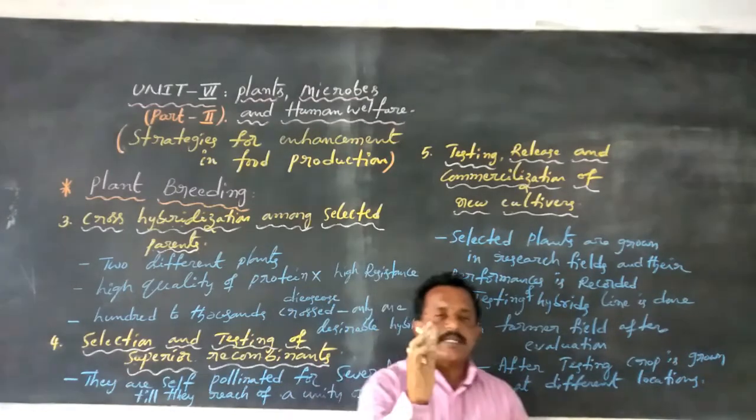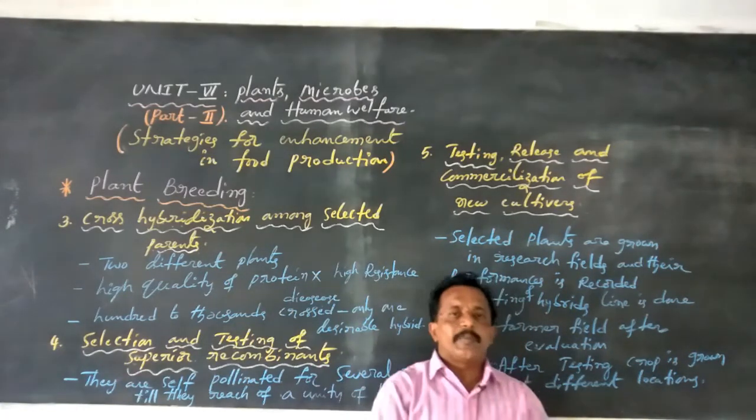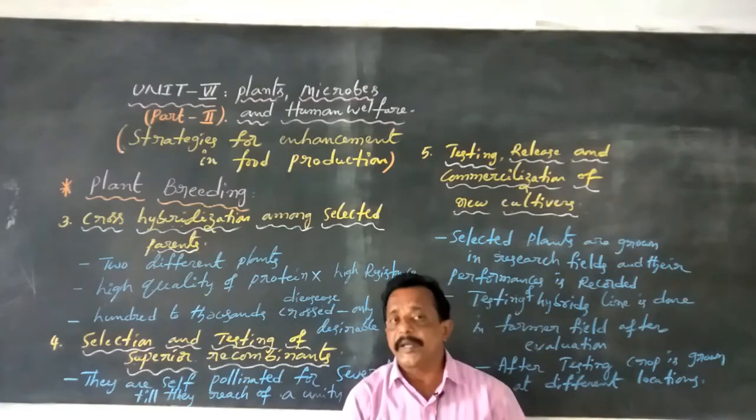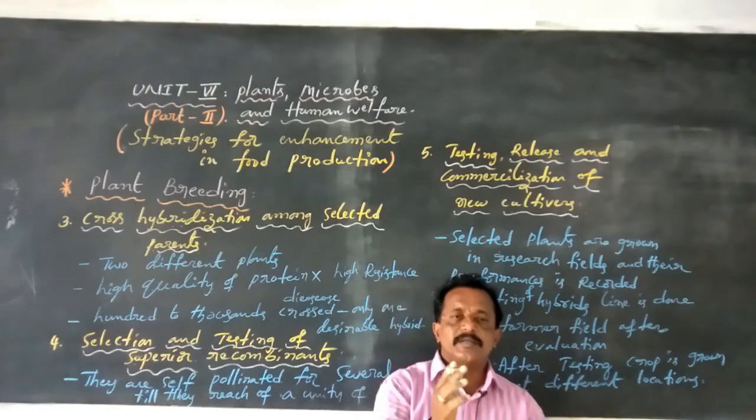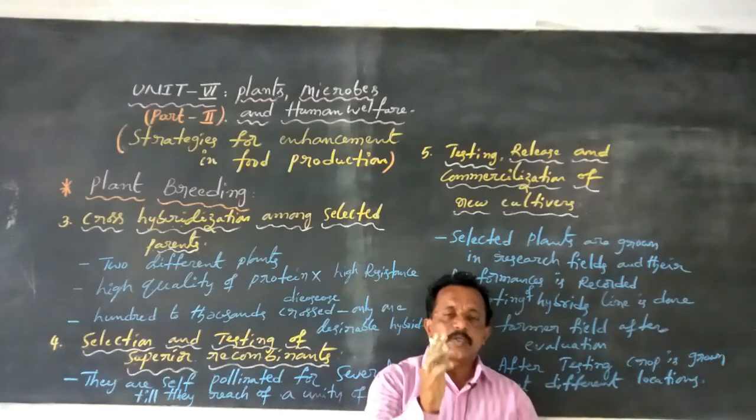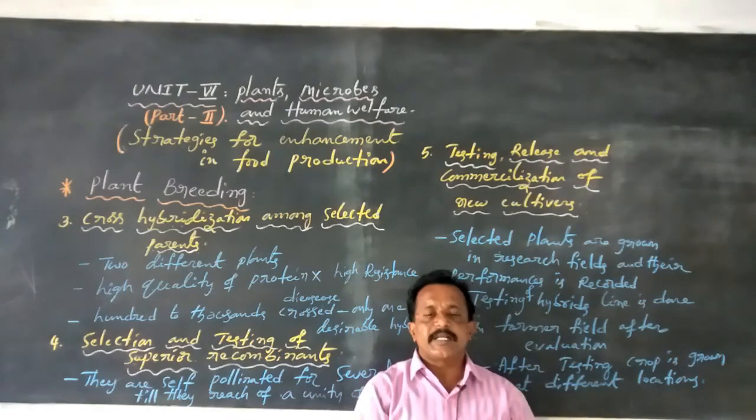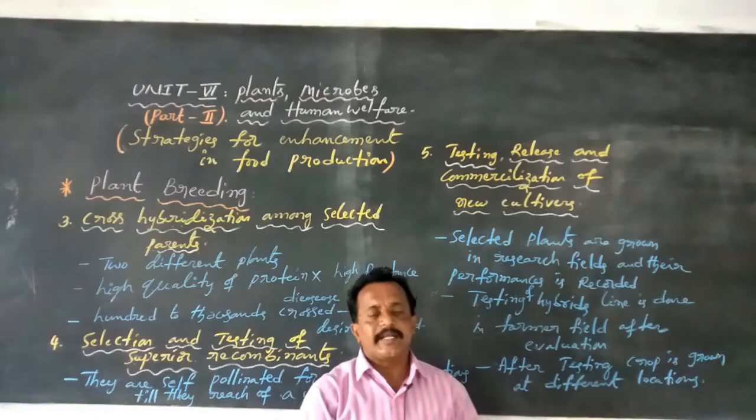Next is selection of parental plants. Two plants with different desirable genetic characters are selected.